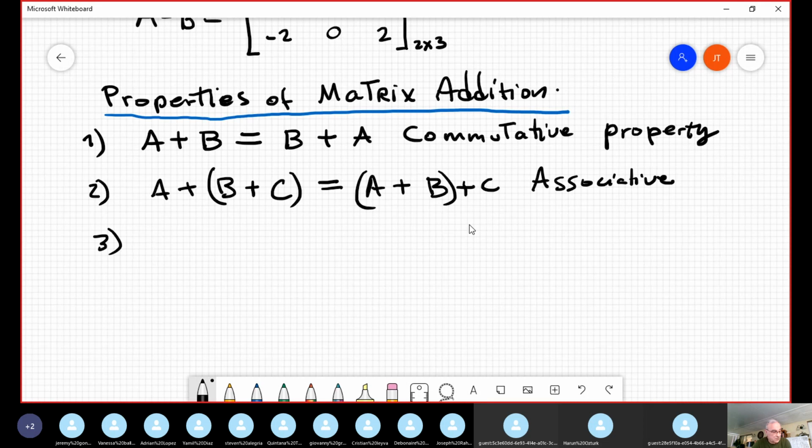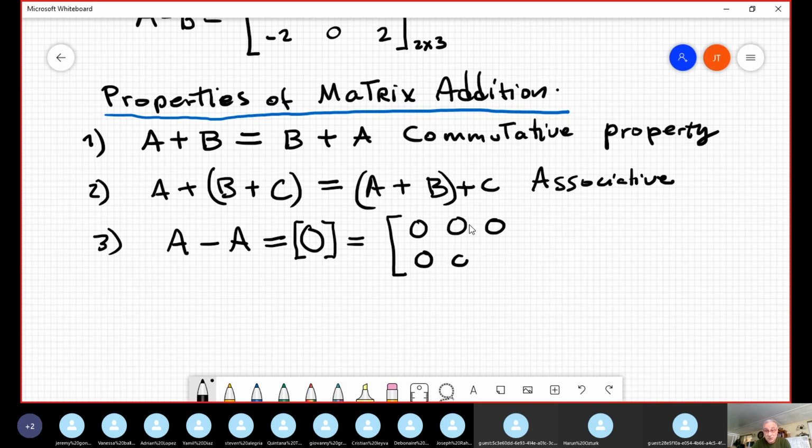Number 3 is, for example, when you subtract A minus A, wow, you subtract the one matrix minus itself, the answer is the 0 matrix. But the 0 matrix is not 0, it's a matrix where every element is 0. Suppose 0, 0, 0, 0, 0, 0.